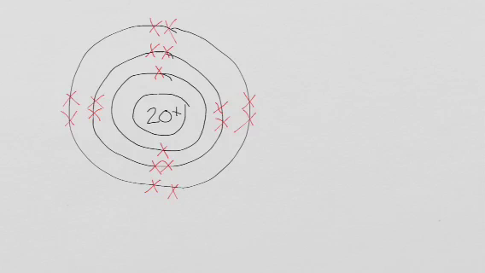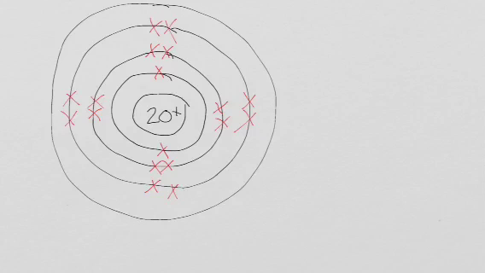So where am I at now in my big tally? I think you're good. No, I'm not. 2 plus 8 is 10 plus 8. How many am I missing? 2. I must make one more shell. And I will place 1, 2.